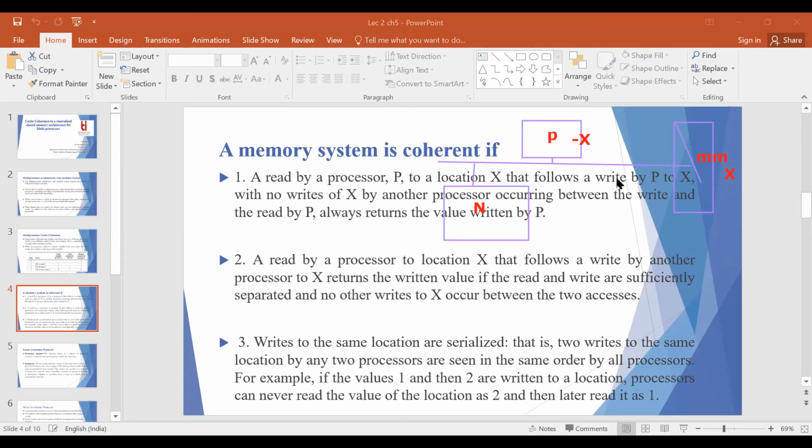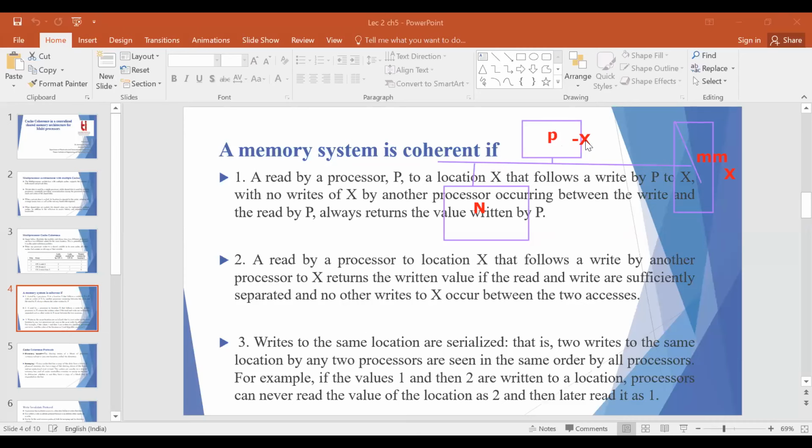Another definition for cache coherence is that a read by a processor to a location X that follows a write by another processor to X returns the written value if the read and write are sufficiently separated, with no other writes to X occurring between the two accesses. So again, the same thing: if P is reading a value of X and then N is writing to X, right?